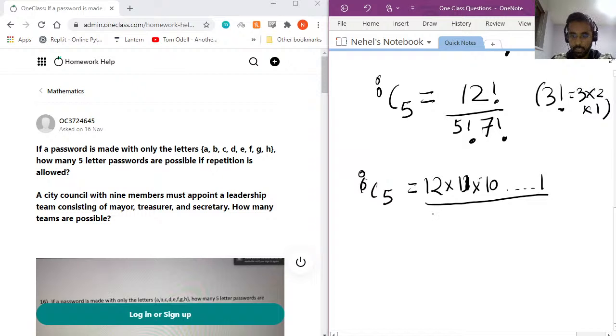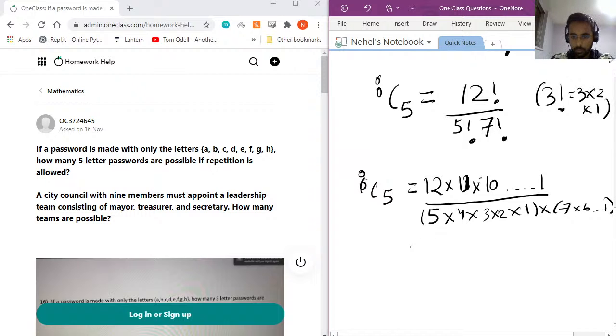Similarly, 5 factorial will become 5 times 4 times 3 times 2 times 1, and 7 factorial would become 7 times 6 all the way to 1.